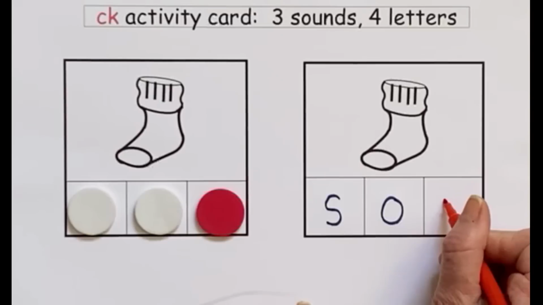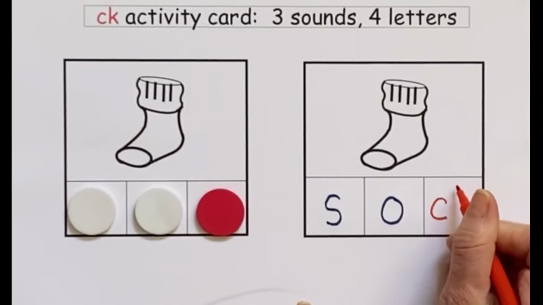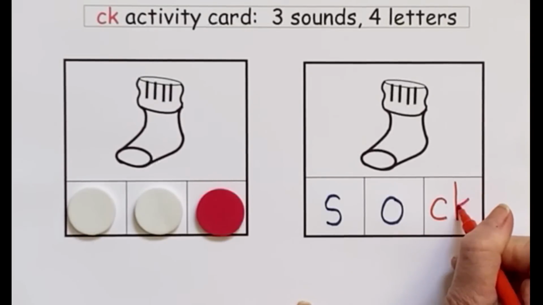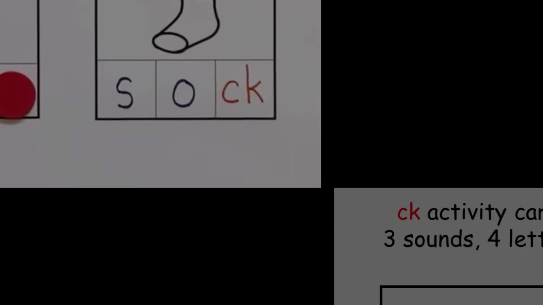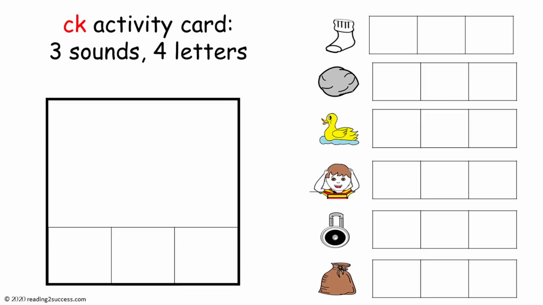So they are 2 letters, C and K, that make one sound. And then have kids sound it out. S-a-k. And this is the template for our second activity.